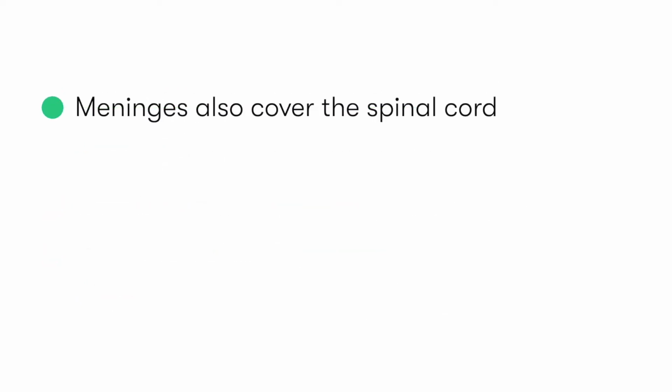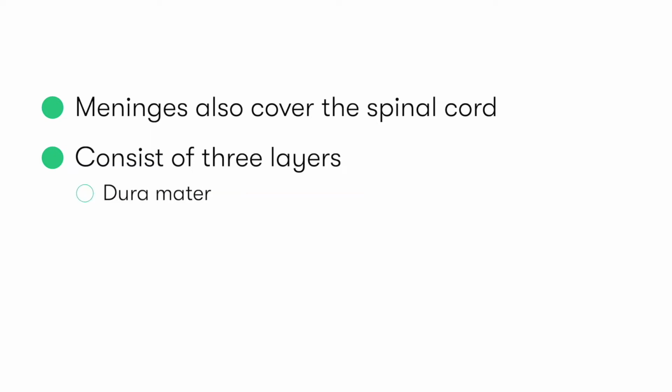As well as covering the brain, the membranous meninges also continue to cover the spinal cord. The meninges consist of 3 layers. The outer layer is the dura mater, the next inner layer is the arachnoid mater, and the very innermost layer, which sits directly upon the brain, is the pia mater.